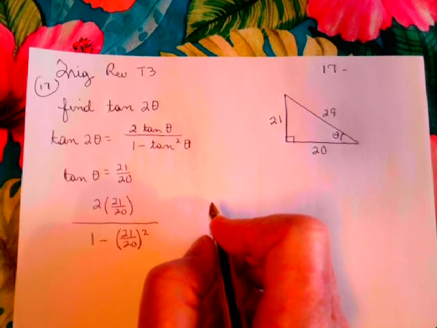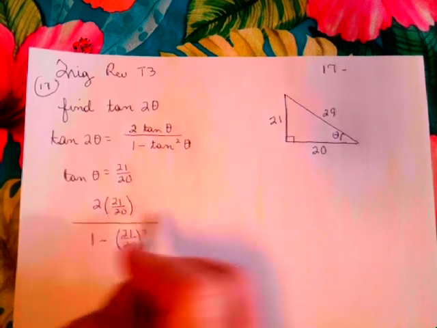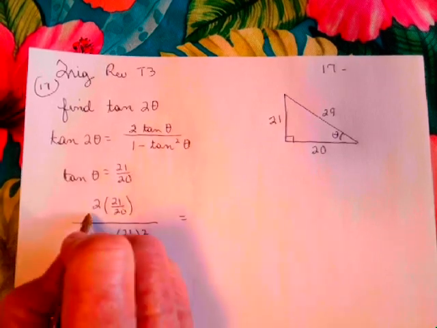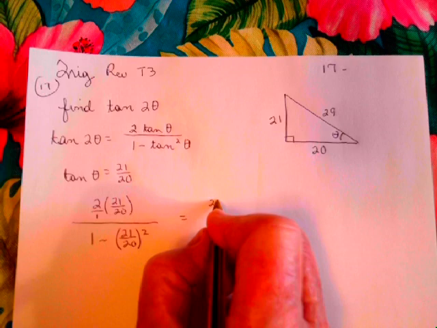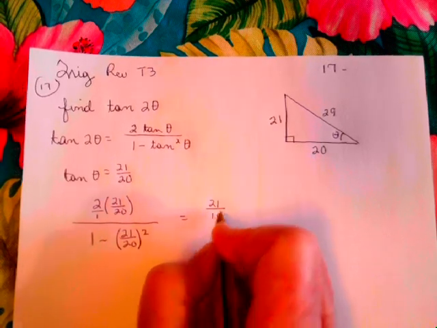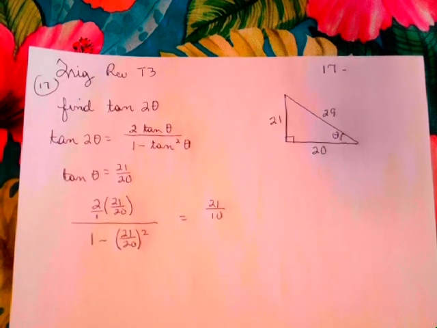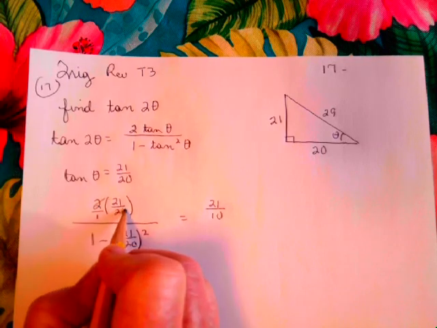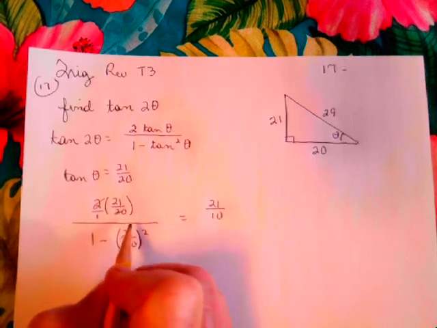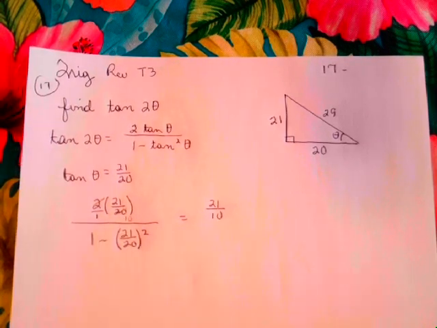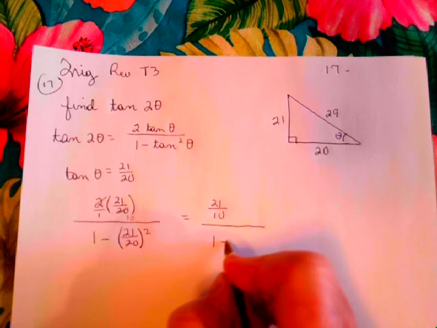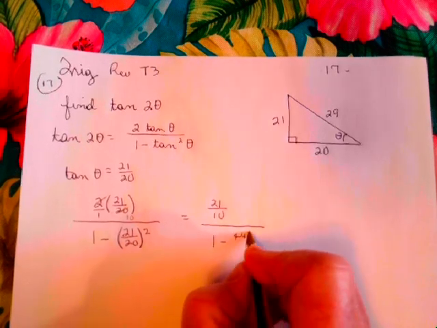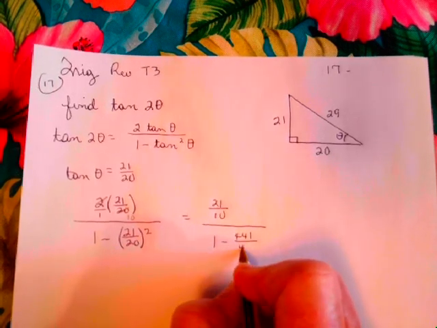When you simplify that numerator, that 2 is like it's over 1, so that'll be 21 over 10 in the numerator, because this 2 cancels into this 20 10 times. In the denominator, I have 1 minus 441 over 400.